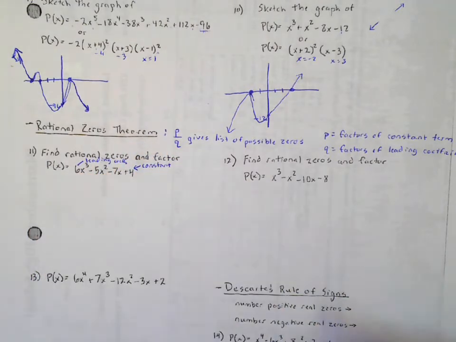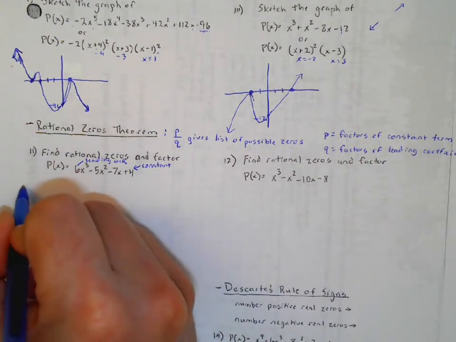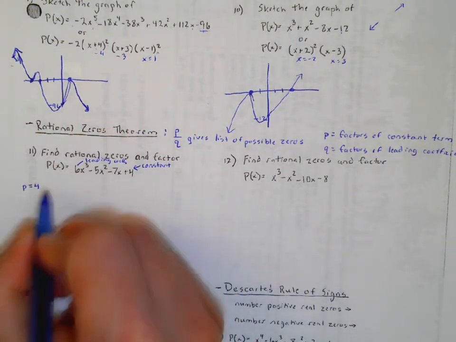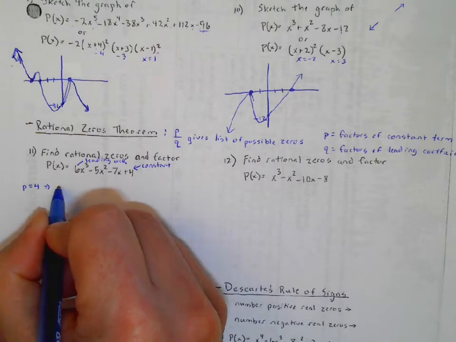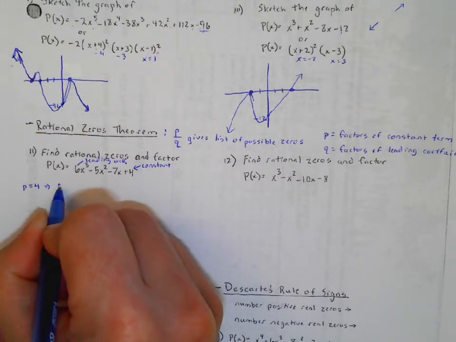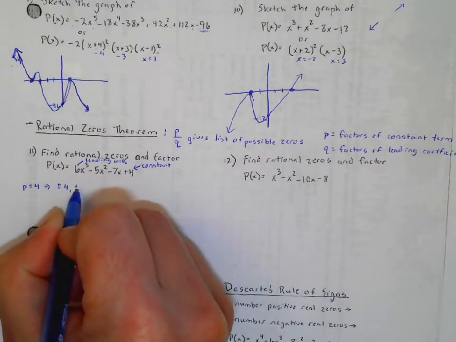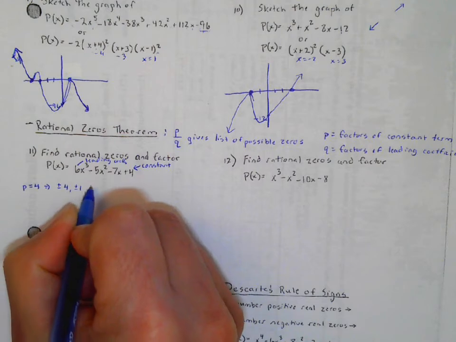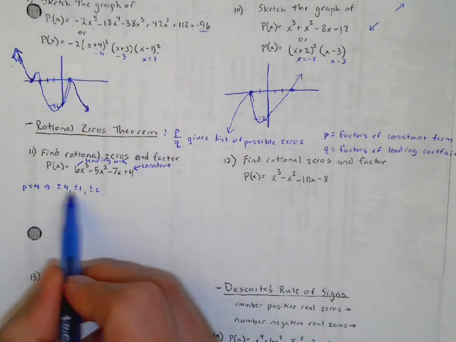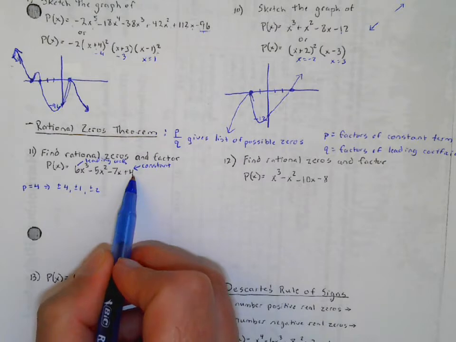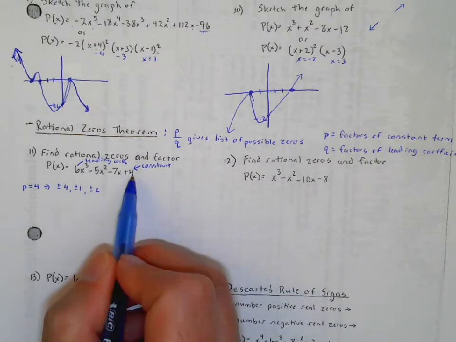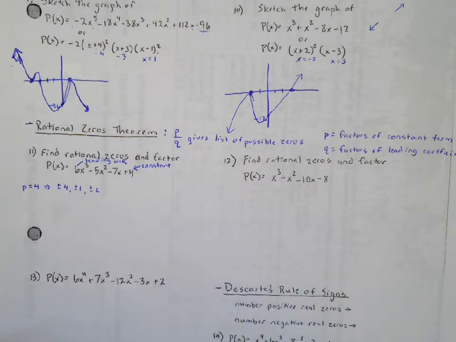If I think about P, it is the 4, right? The factors of 4 would be 4 times 1 or 2 times 2, right? So it could be plus or minus 4, plus or minus 1, and plus or minus 2. Those are all the different factors, like negative 4, negative 1, give me 4. Positive 4, positive 1, give me 4. So the different factors there.